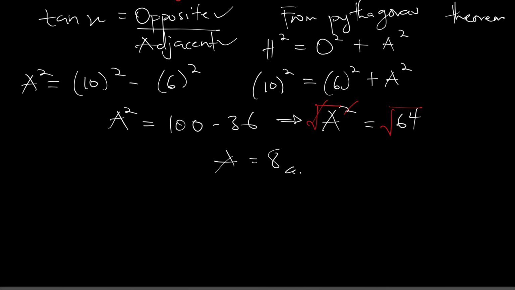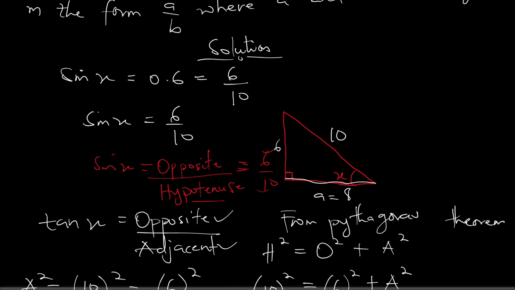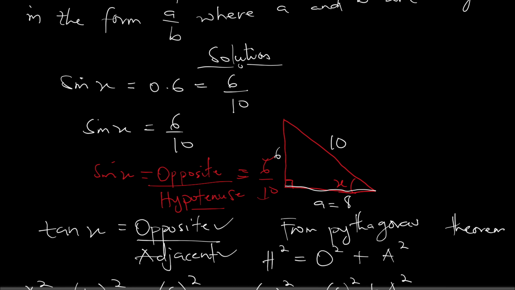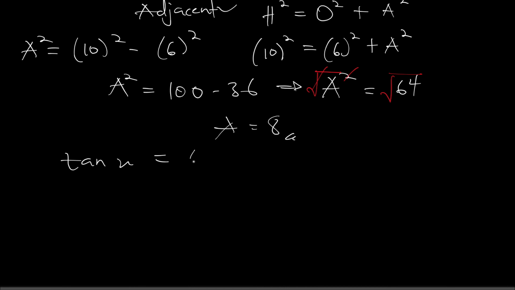Therefore, tan of x is equal to opposite, which is 6, over the adjacent, which is 8. And 6 over 8 is equal to 3 over 4. So tan x is equal to 3 over 4.